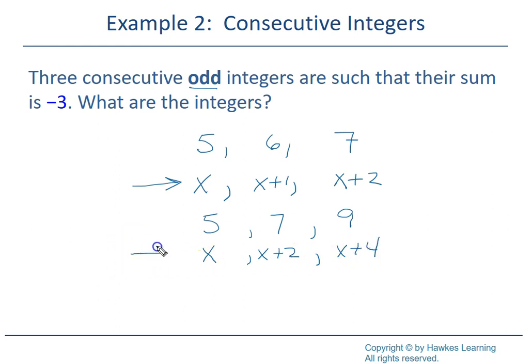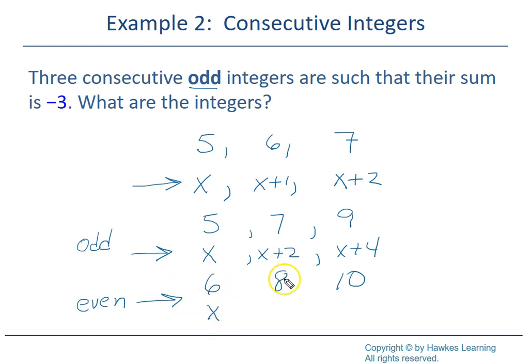So this is the algebraic way of expressing 3 consecutive odd integers. Now the other one is even integers. Here we have 6, 8, 10. Now x is my first even integer, which will be x.